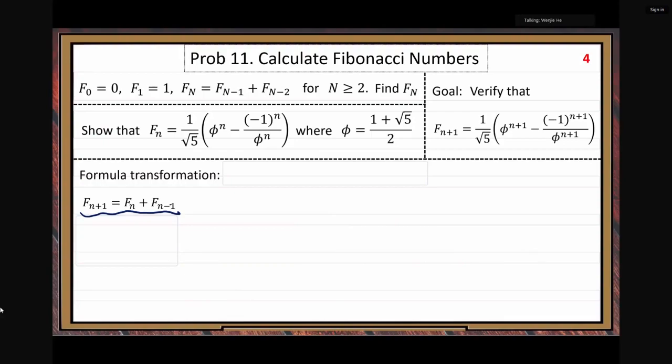So let's apply this recurrence relation first. F n plus 1: because n is in the range, when k is in the range between 0 and n, we can apply the formula.